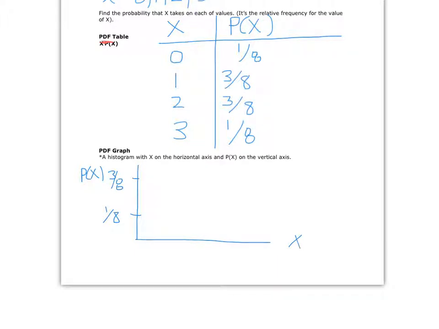All right, so we've got 0, 1, 2, and 3 for values along the horizontal, and we'll create rectangles above those values going up to the corresponding probability. Okay, so that's the graph form of a PDF.